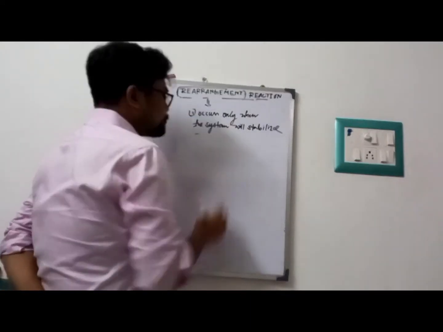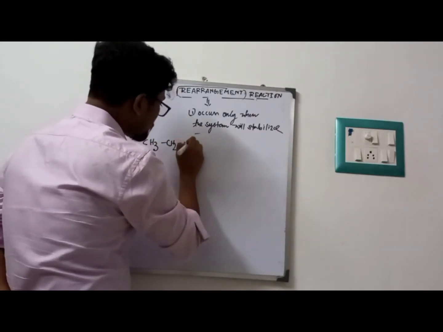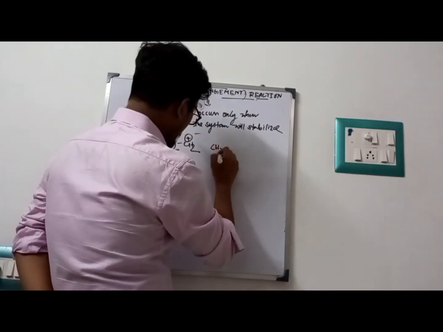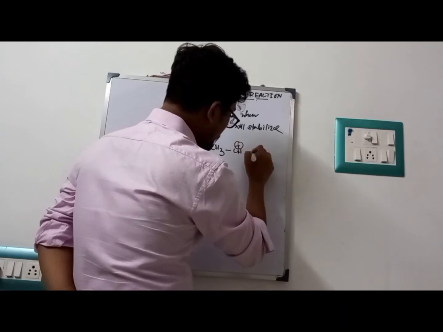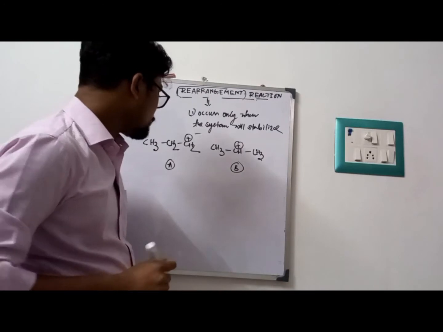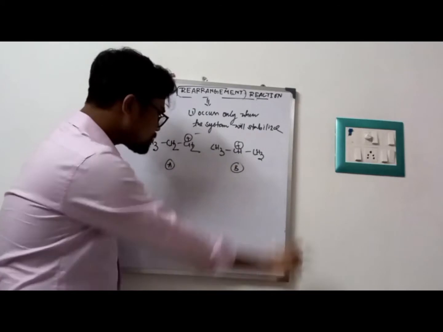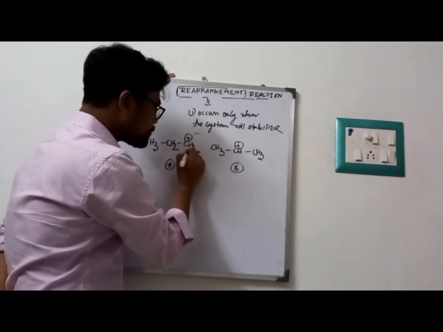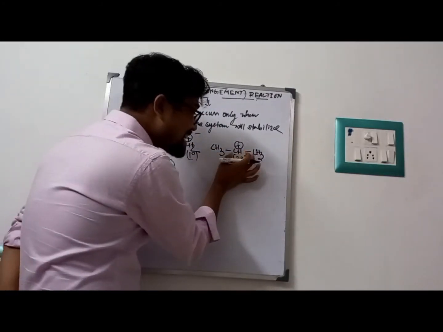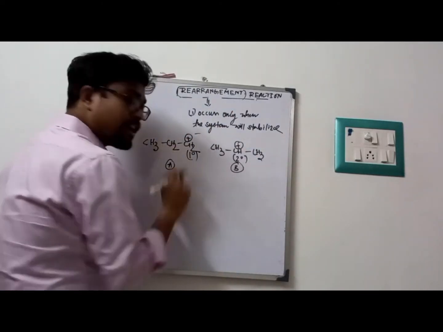Okay. So suppose I draw this structure, that is A and that is B. If I ask you which one is more stable, you can easily say, sir, this is a 1 degree carbocation and this is a 2 degree carbocation, because this carbon is attached with 2 carbons and 1 hydrogen, and this carbon is attached with 2 hydrogens.